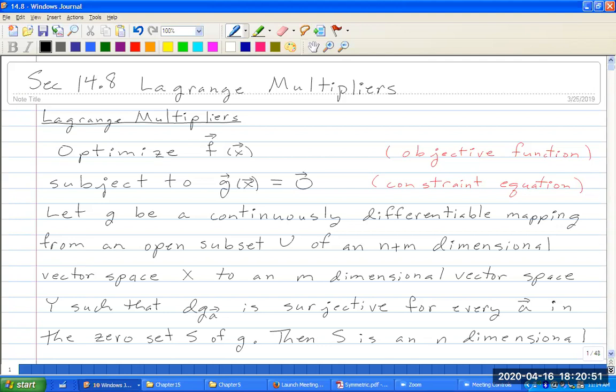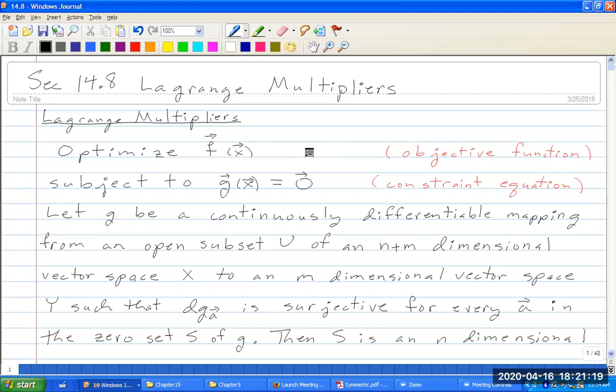We will call this thing that we want to optimize our objective function, and it'll be subject to some constraint, just like the very last problem that we did in the very last section. And so subject to some constraint, let's say g of x equaling 0. We will call this the constraint equation.